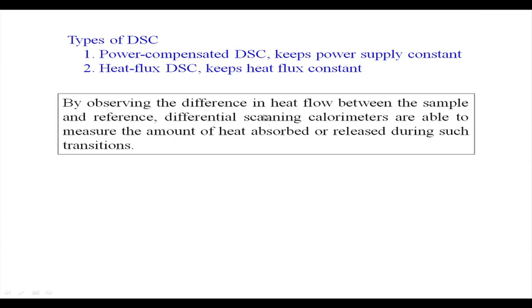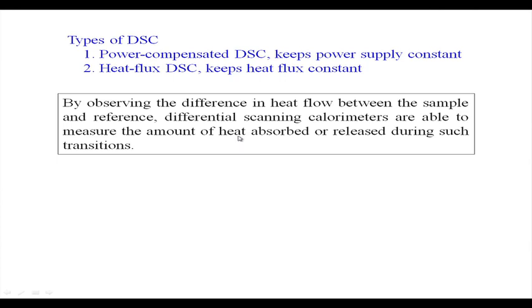So, the calorimeter can measure the amount of heat absorbed or released during such transitions. We can have solid state transformations, and we can monitor those using a calorimeter by looking at the amount of heat absorbed or emitted.